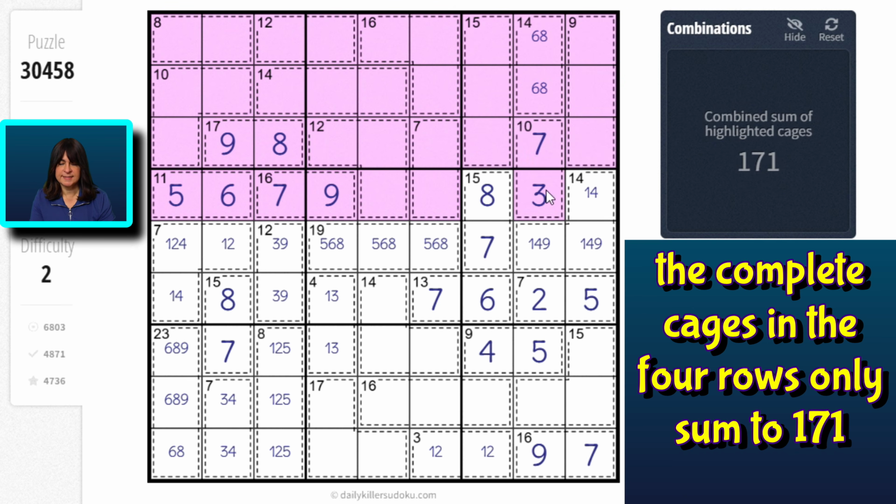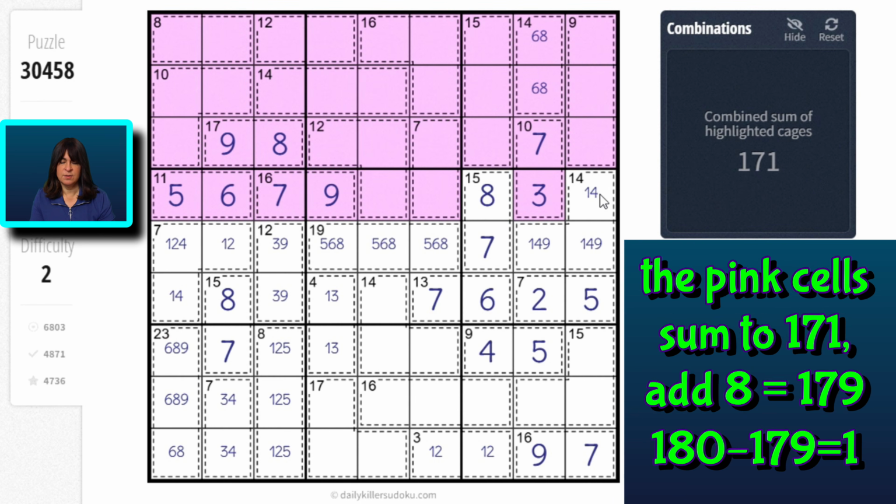So that's all these pink cells. This 8 is not a complete cage, and neither is this cell. So this, without the 8, gives us a sum of 171 for all the highlighted cages. And let's add in the 8, so 171 plus 8 is 179.